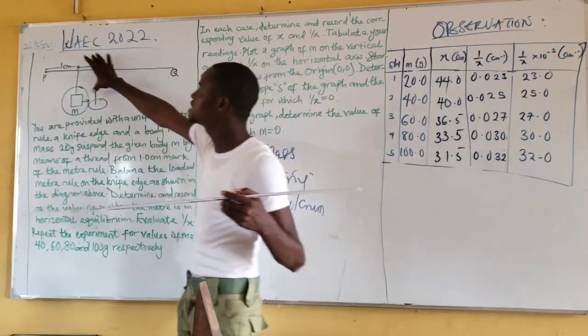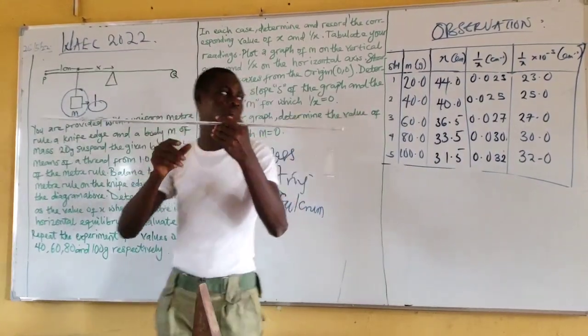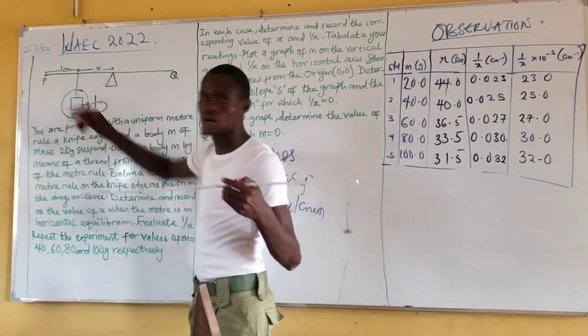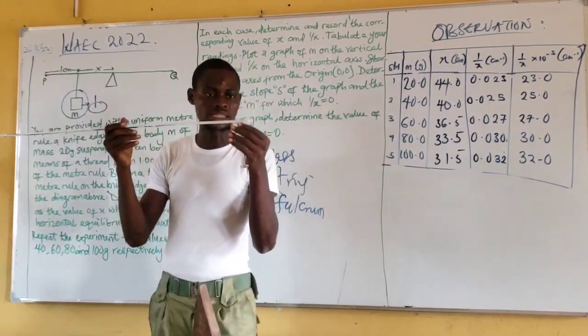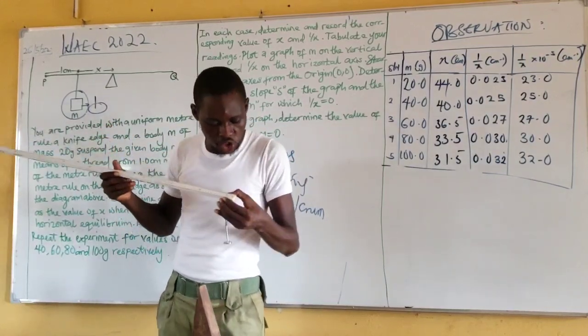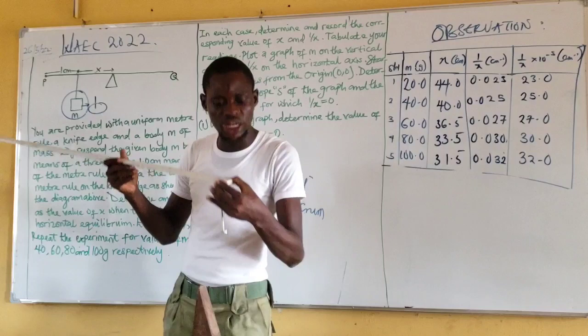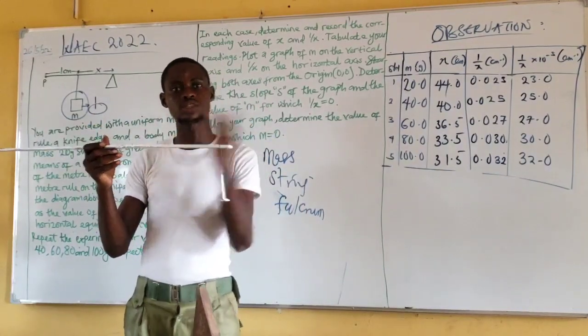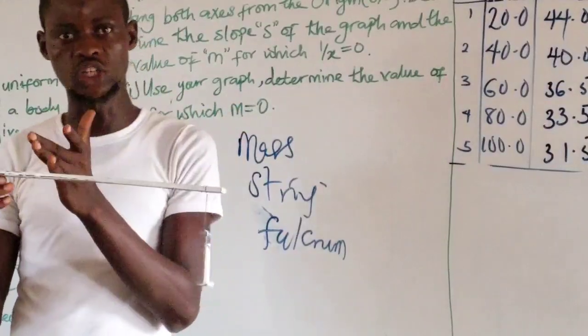That means you should try to perform the same experiment. For 1.0 centimeter, place your mass hanger with the thread on the 1.0 centimeter mark as shown. Make sure that the thread is well tied to this place here, so that there will be no movement of it from one point to another.